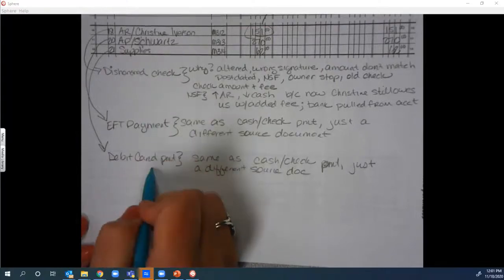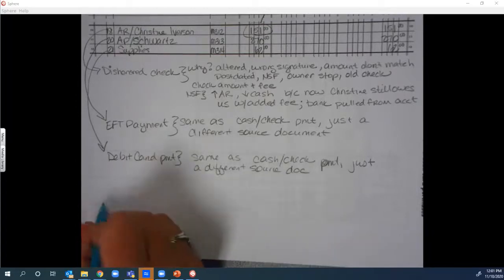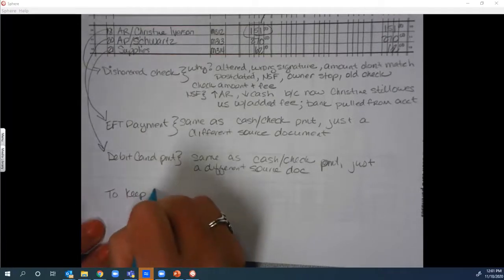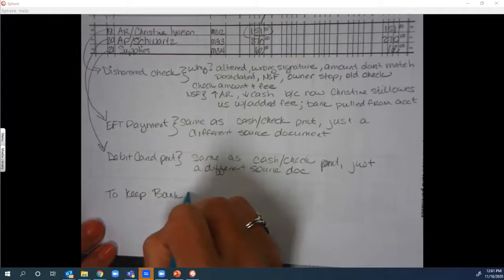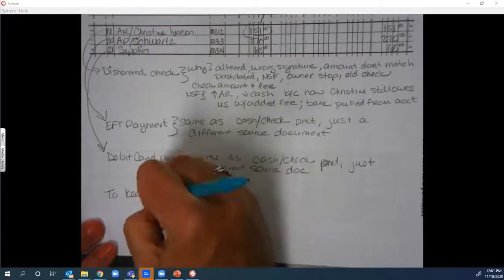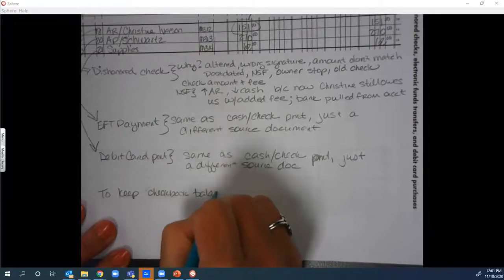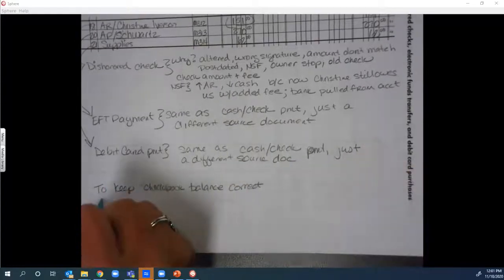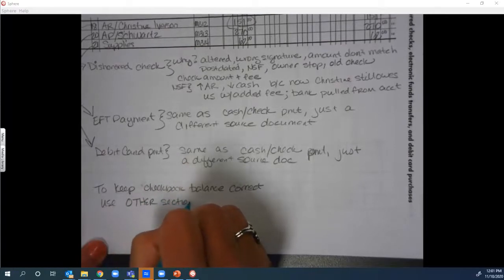Okay, and if you have any of these, you also need to record them in your checkbook to keep your checkbook balance. Use the other section of the check stub.